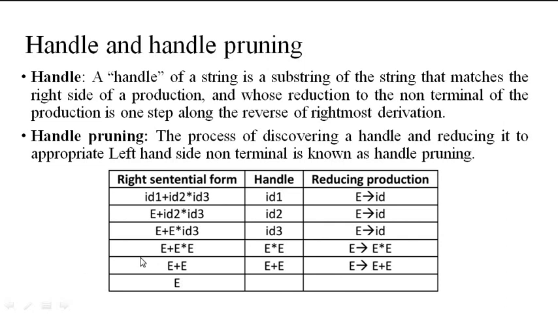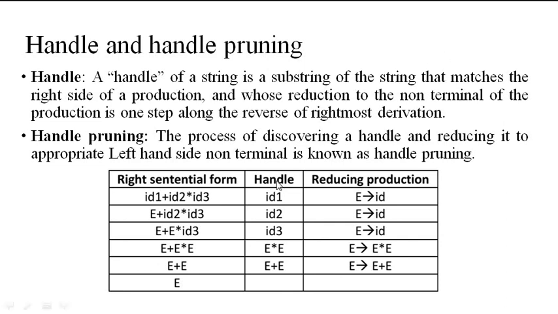So for example, write the sentential form id1 plus id2 into id3. In this string, the first handle is id1. Your grammar will be E gives E plus E, E gives E star E, or E gives id.